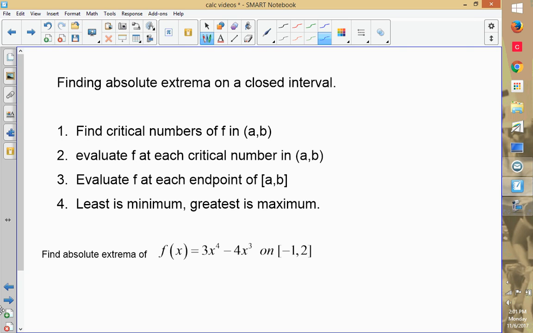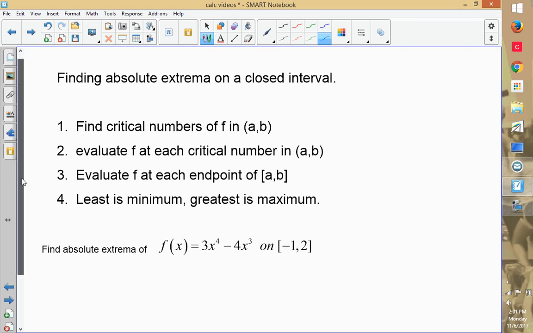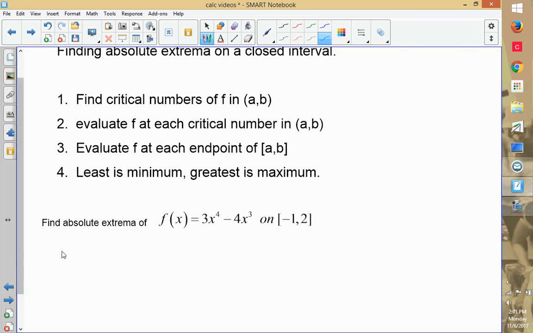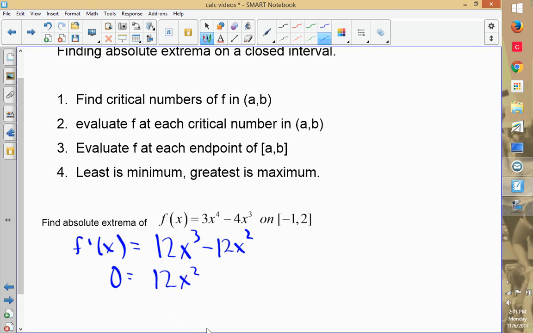So I have the list up here and we're going to go one by one. First things first, we're going to find any critical numbers that we have. So I have to take a derivative. I need to set it equal to 0 to find any critical numbers. I notice in this one I can factor out a 12x squared.